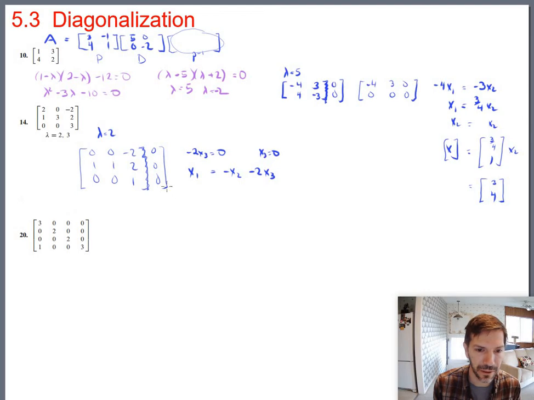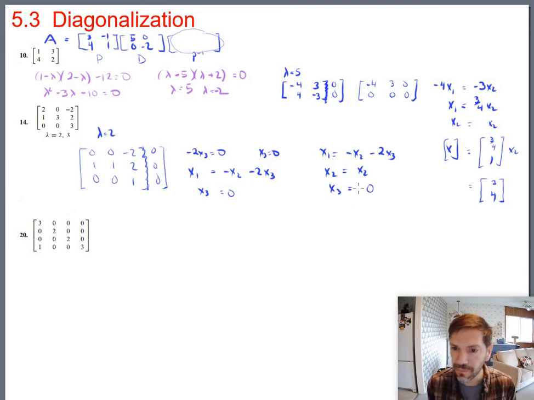And the last one, again, says that x3 is 0, which we already knew. So we have x1 equals negative x2 minus 2x3. We've got x2 is free, x2 is x2. And we've got x3 has to be 0. So let's work on factoring.